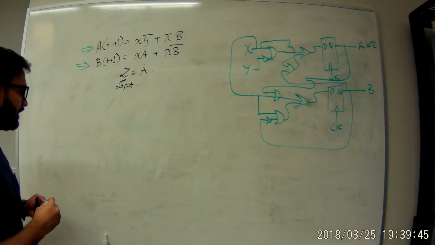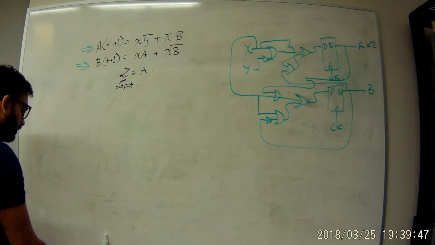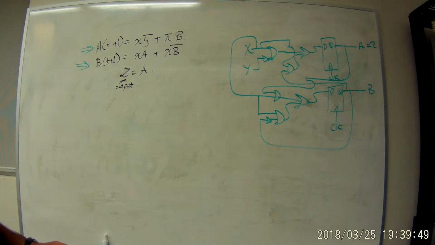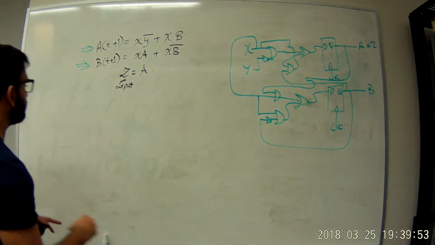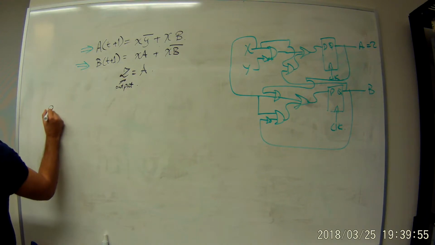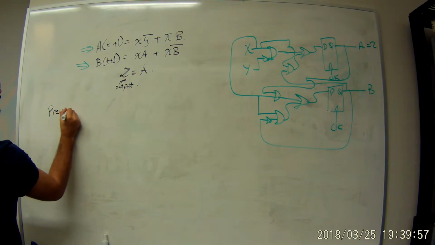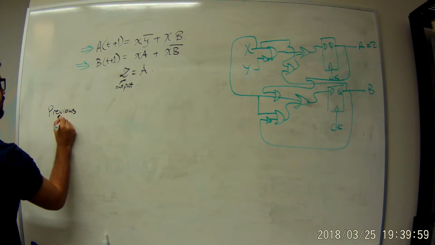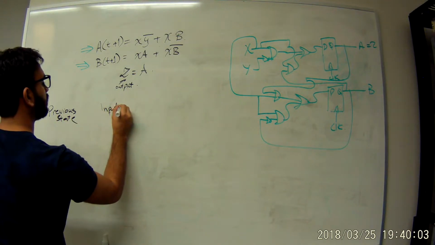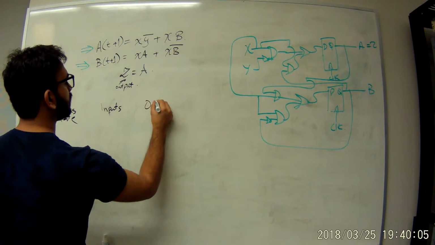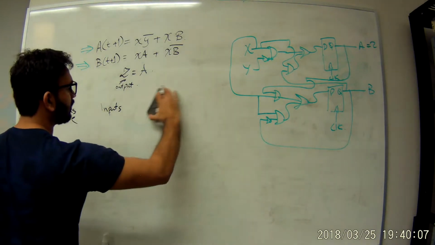Now we need to draw the table for it. Like I mentioned in the previous video, the table requires the following: we have to have our previous state, we need to have inputs, and we need to have the next state.